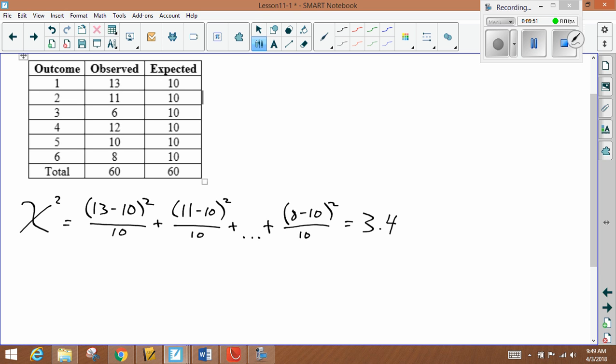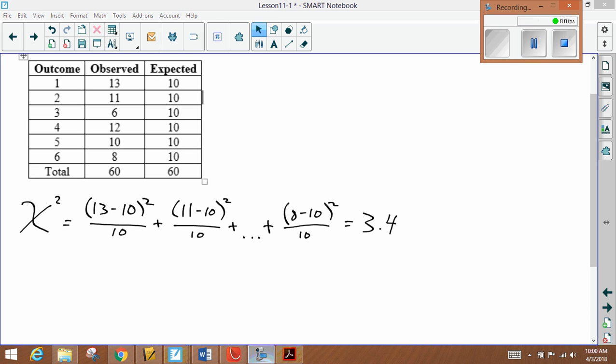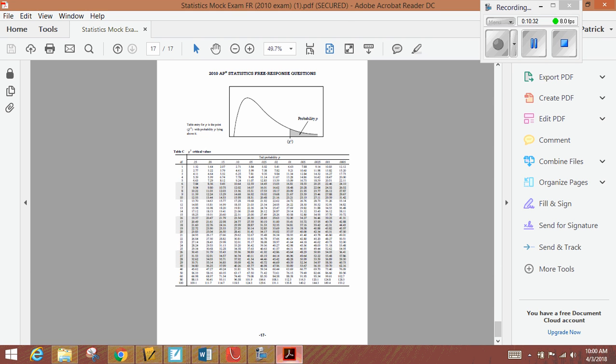All right, so we calculated a chi-squared test statistic. Yay! It's not bad. It's really not. All right, so that was not what I wanted.